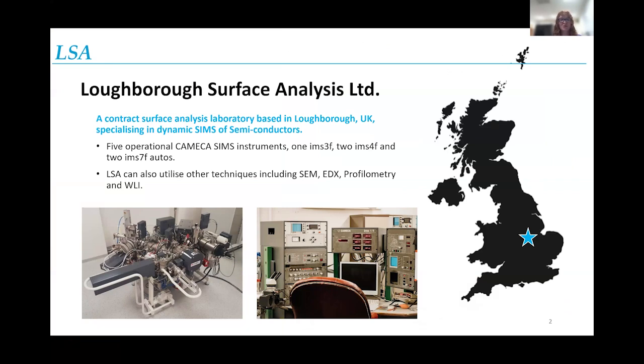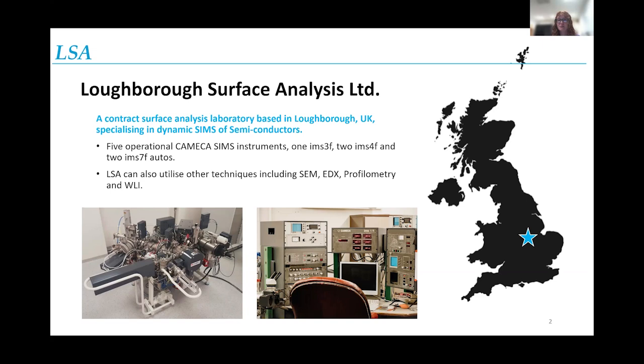We have 5 operational SIMS machines, a 3F, 2 4Fs, and 2 7F autos, which we use day in, day out, running them 24/7 basically. And then we also have the ability to use different techniques as well.